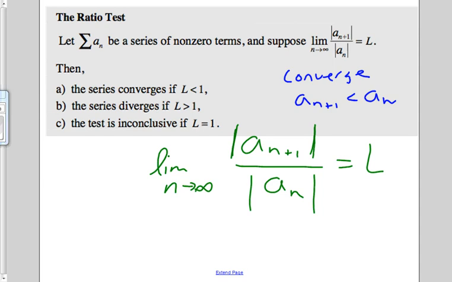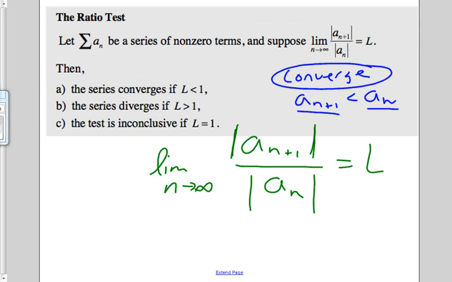If a to the n plus 1 was bigger than a to the n, then we would be adding a substantial amount. We'd be increasing the value. But if a to the n plus 1 is less than a to the n, then we're going to converge. We're getting smaller. We're not incrementally increasing.